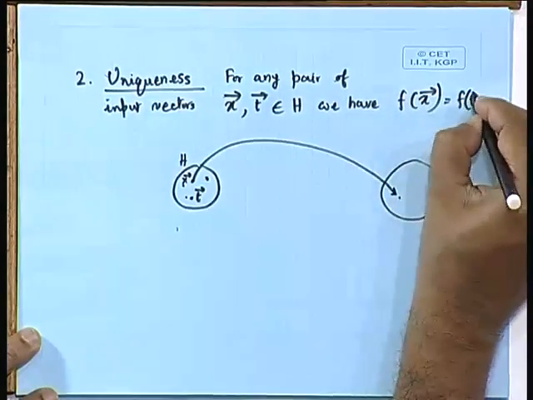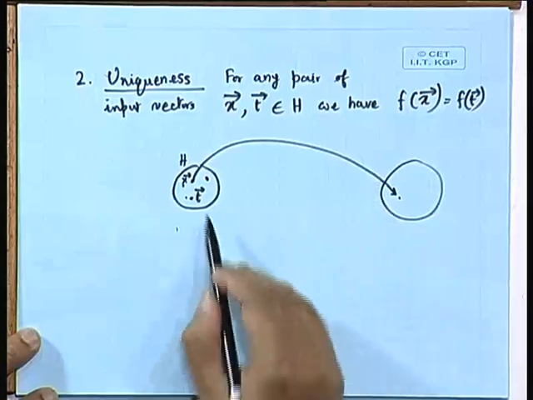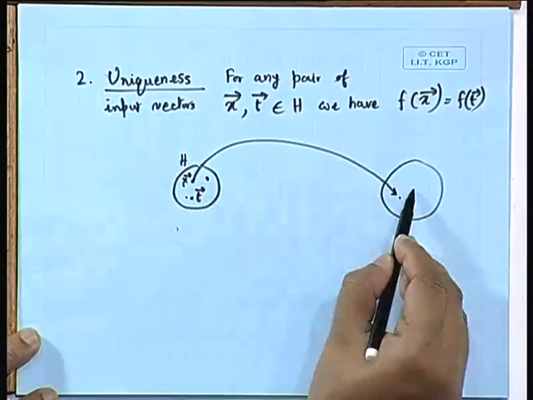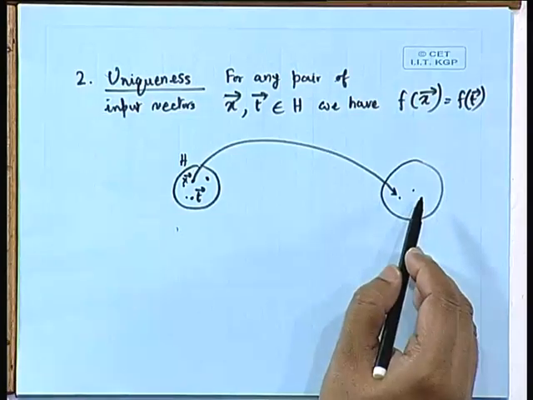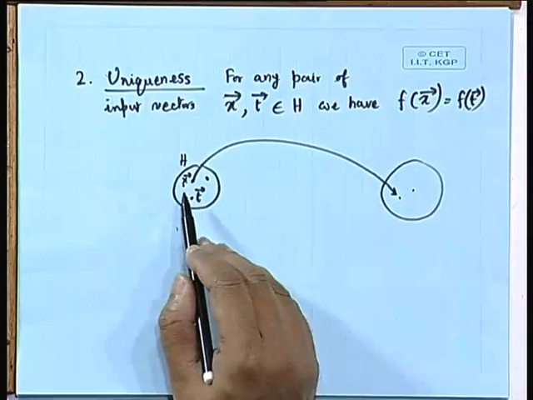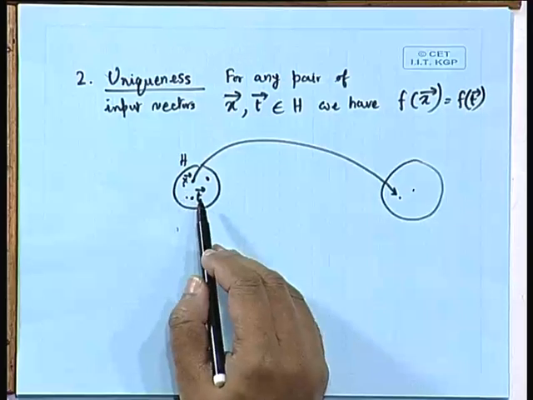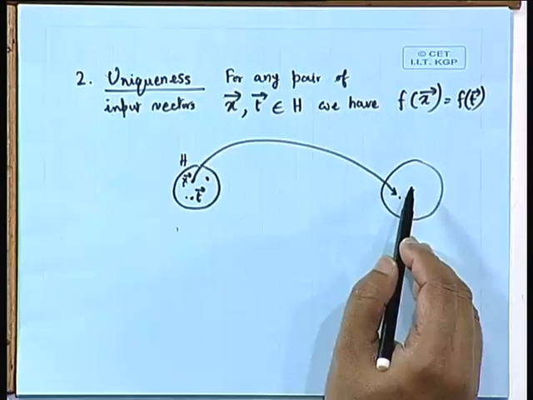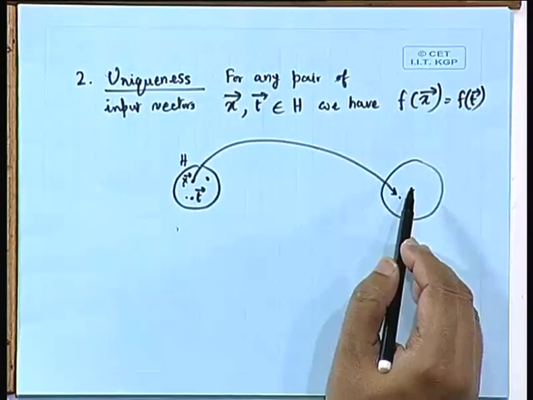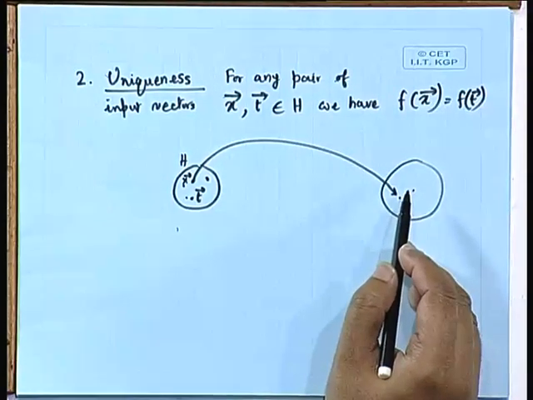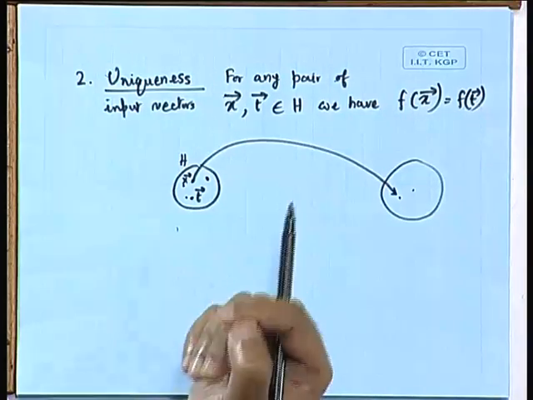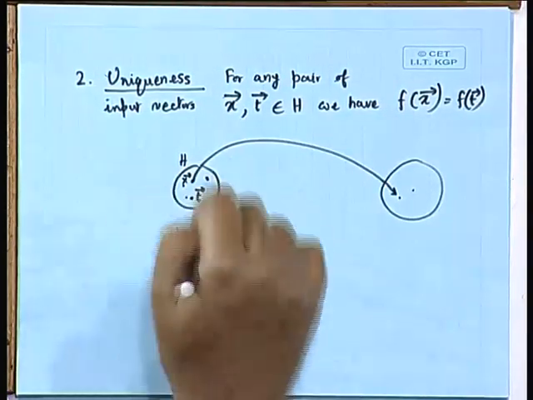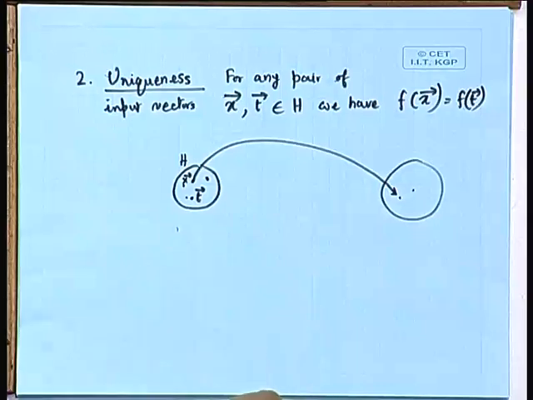Now, f x is equal to f t means what? It means that x will be mapped to this point and t will be mapped to the same point. So, two of the inputs we take and they are getting mapped into the same point. If that happens, then it is not a unique mapping. So, for the uniqueness condition to be fulfilled, you take any pairing x and t out of all the patterns that are present in the H set.